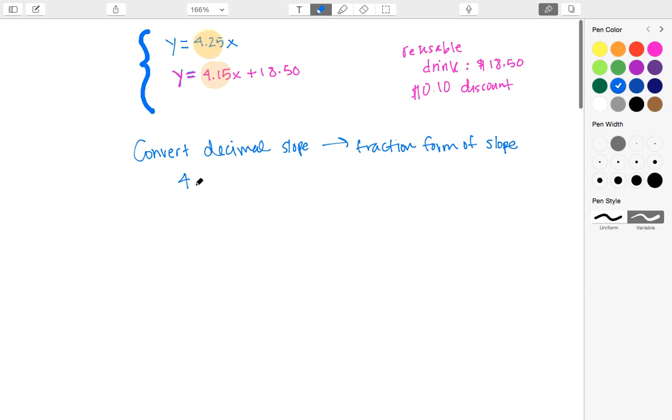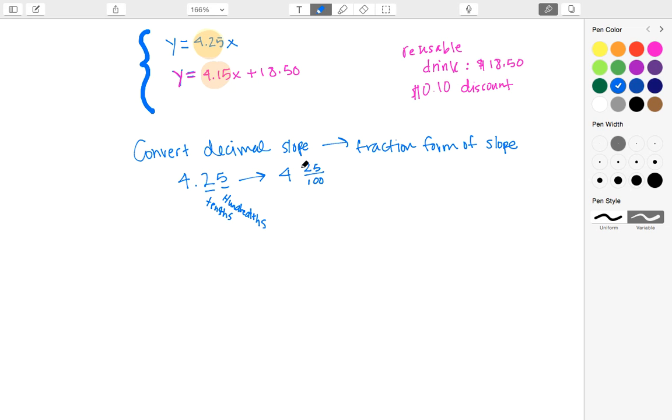So if we have 4.25 and we want to convert that to a fraction, well, this is the same thing as 4 and 25 hundredths, because this is in the tenths, and then this is the hundredths. All right, so we learned that probably in 5th grade, if not, refreshing memories.